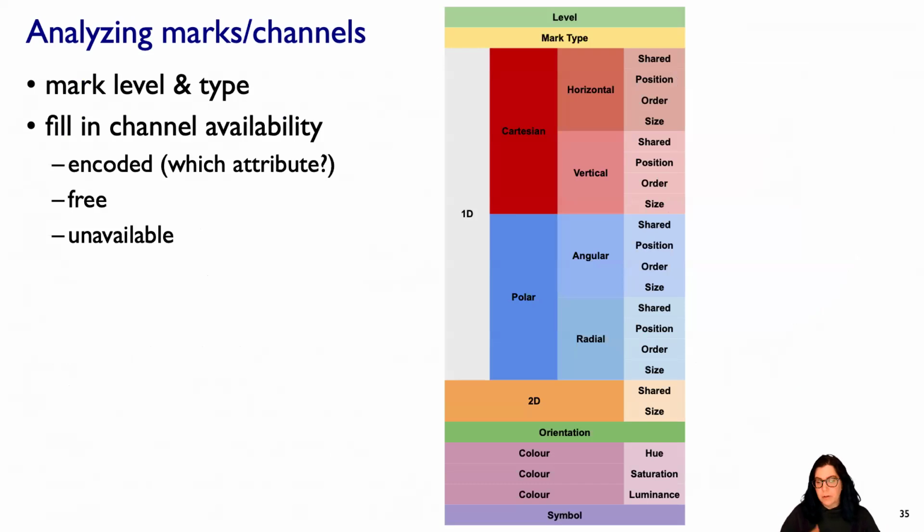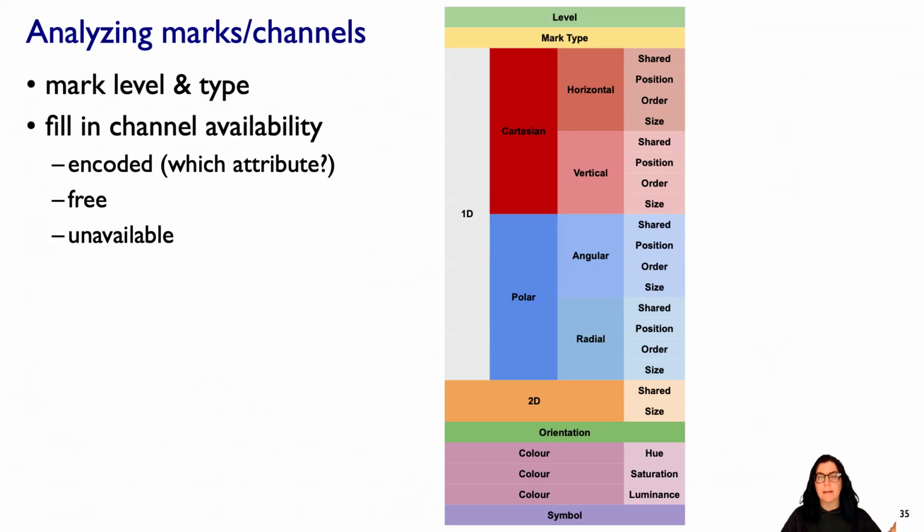So, what we're going to think about is how it is that we could go through any existing idiom and analyze it in terms of marks and channels. So, we've already talked about the level, right? If it's a hierarchical structure, low level, high level. We've got these mark types of point, segment, which is a special case of path, and poly, which is like a closed path, an area.